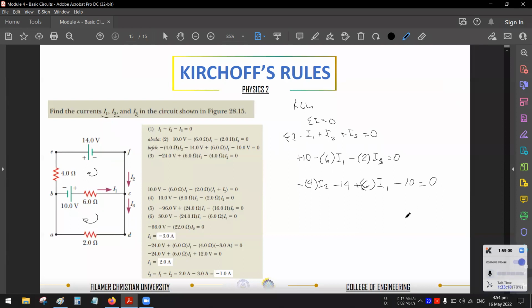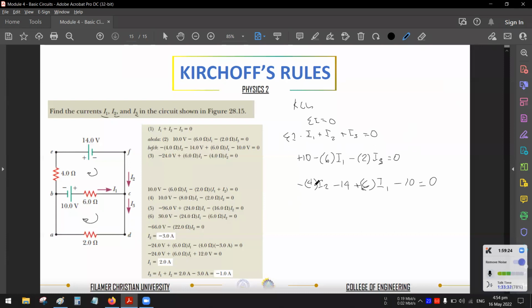Ayan. So, pwede natin i-combine yung equations natin. Okay. So, common natin, equation 1, equation 2 natin.